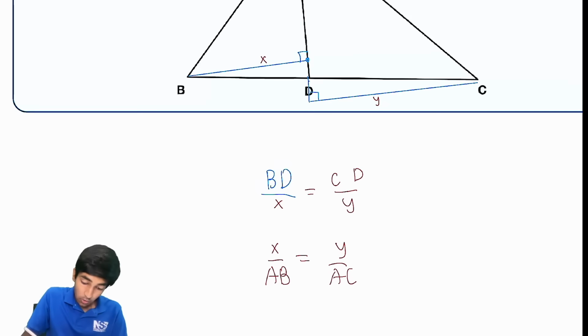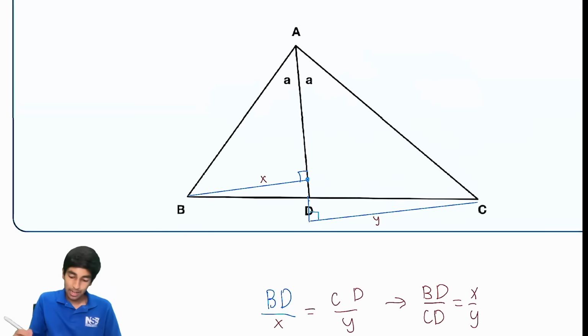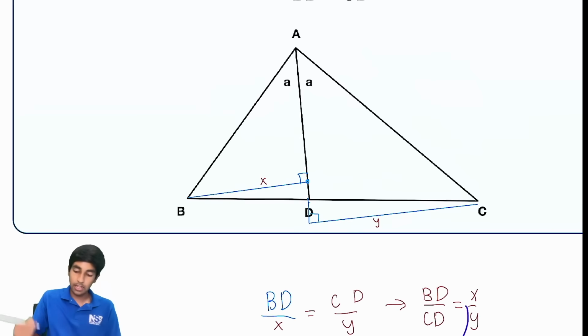So from the first equation, we get BD over CD is X over Y. And from the second, X over Y is AB over AC. Aha! That gives us the angle bisector theorem because we set these equal.